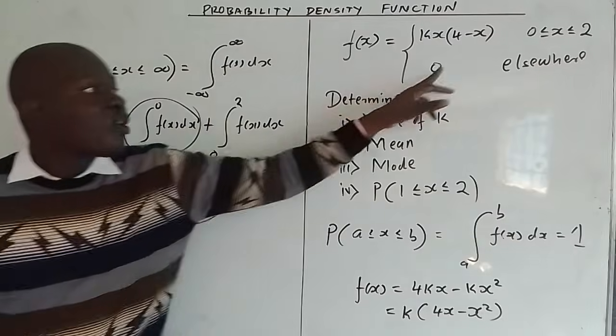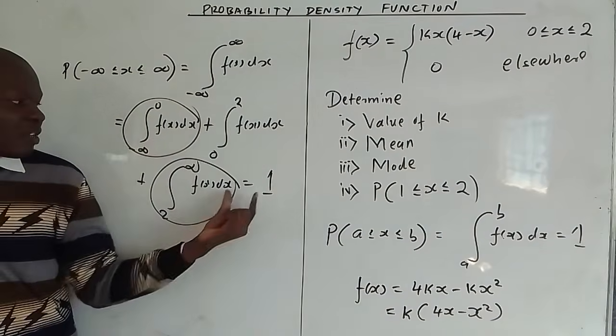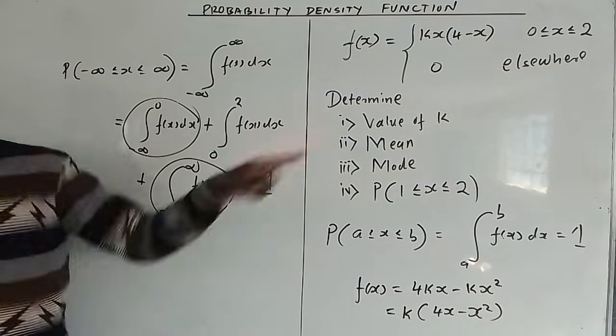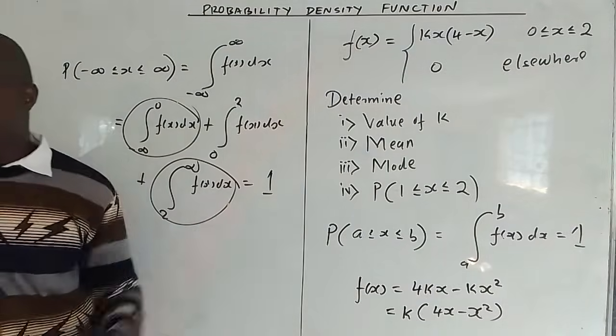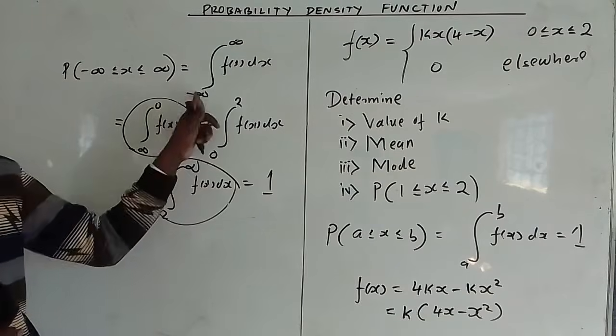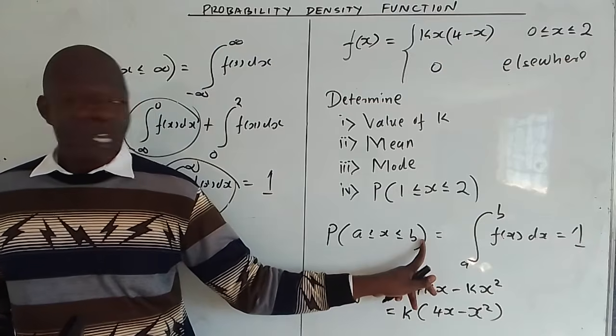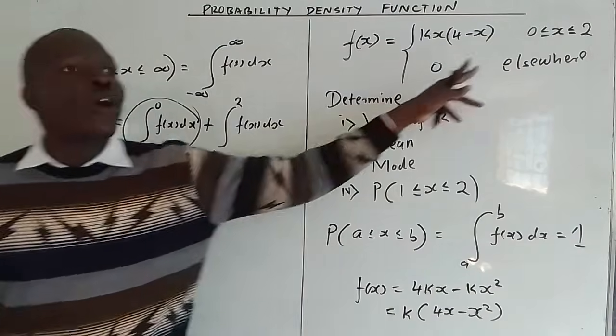So 0 elsewhere has taken care of the range from negative infinity to 0, with the given definition of the PDF. That's why I'm not dealing with negative infinity to infinity. I'm just dealing with the range a to b, because the other ones are 0 elsewhere.